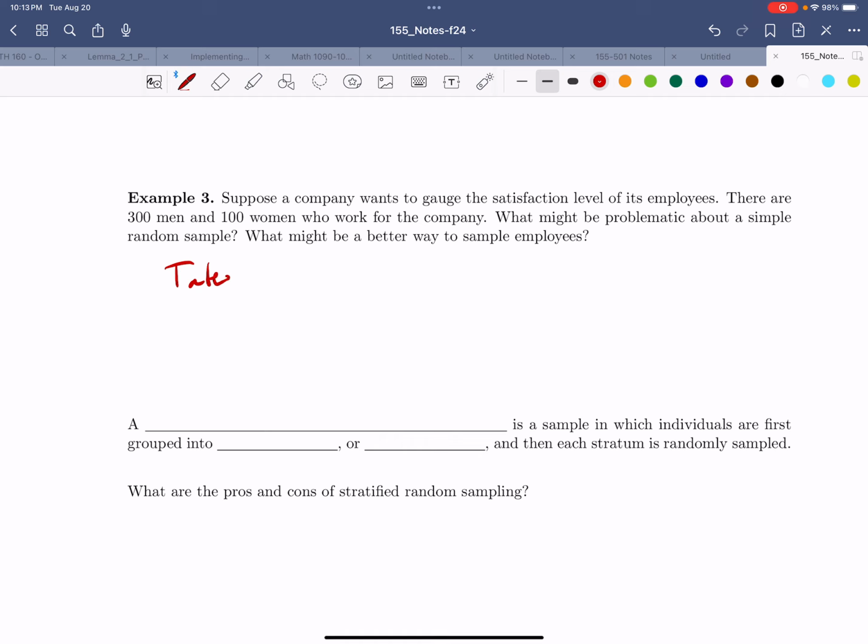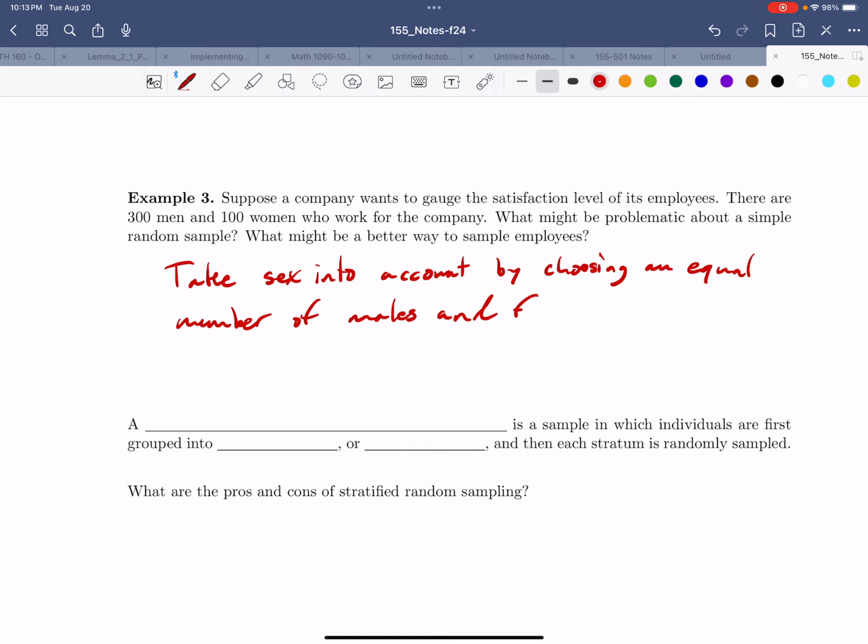We'll say take sex into account by choosing an equal number of males and females.